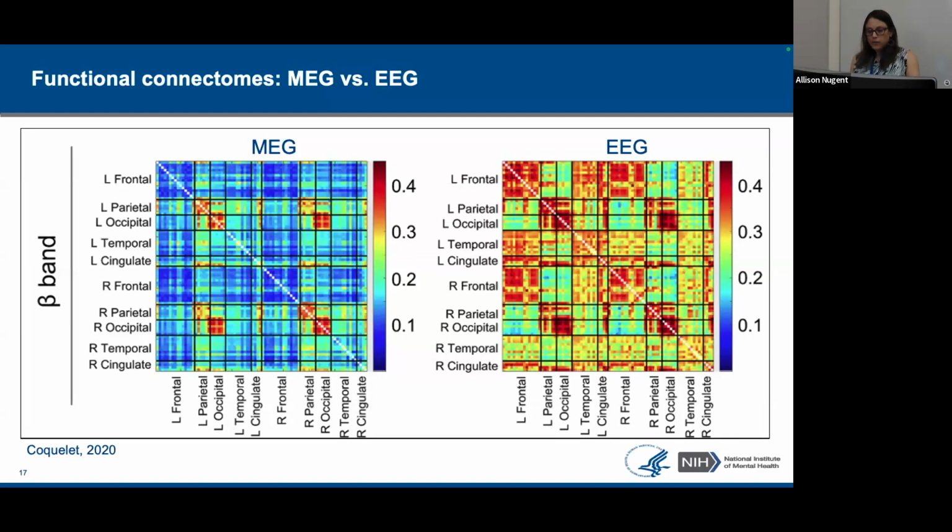And you can see from these correlation matrices that interregional connectivity is much higher in the EEG network. This is largely the result of that smearing I was talking about. So you have these inflated correlations because the fields are getting conducted by the scalp. The MEG connectome, in contrast, shows much greater specificity and is likely to be more accurate about which regions are actually connected.